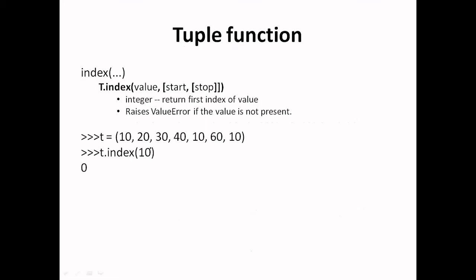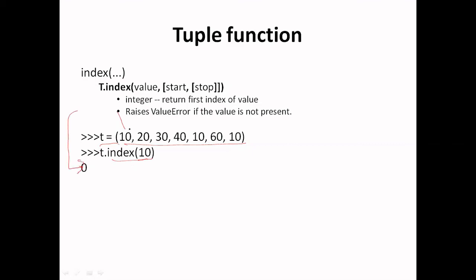In this example, I have taken a tuple object T which has some elements, and suppose I want to know the index of the element 10, so I will write T dot index 10. The index function will return the first occurrence of 10 and its index value. That means it returns the first occurrence index of the value which we have passed.